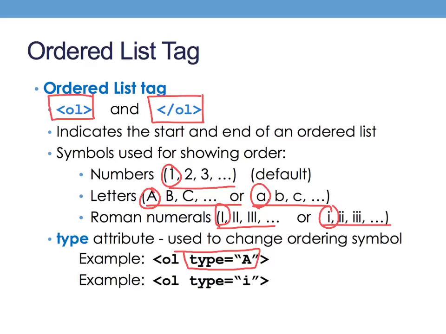So if I want to use capital letters A, B, and C, I put a capital A in there to say start at capital A and then move on to capital B, capital C, capital D, etc. If you put a lowercase a in there instead, it would do the lowercase letters. If you do uppercase I, that will do the uppercase Roman numerals, while the lowercase i will do the lowercase Roman numeral. So it's pretty simple to use that type attribute to create the list type that you would like.